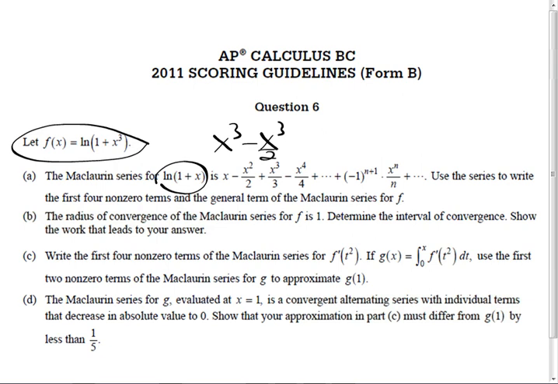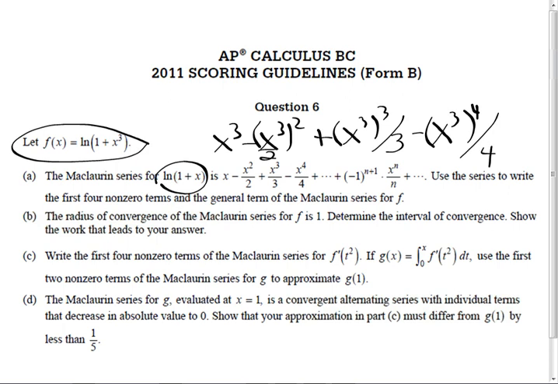Whoops, squared. So these are easy. And then you put in plus x cubed over 3. I got to do 4, right? Minus x cubed. Do I have to simplify that? No. And then you have to do the general term. X cubed to the n over n.